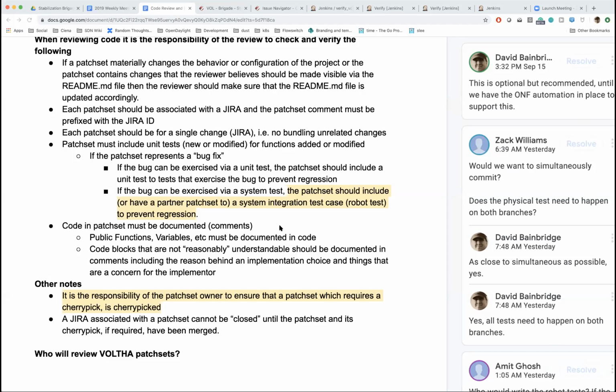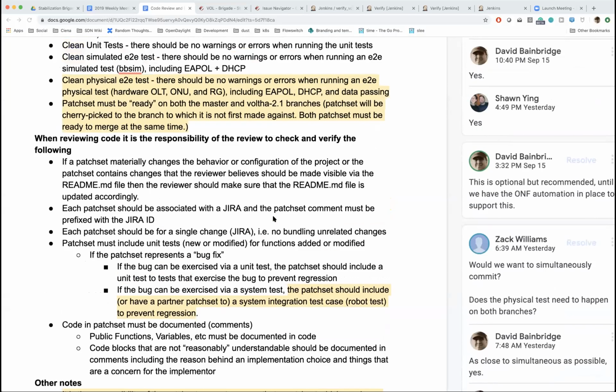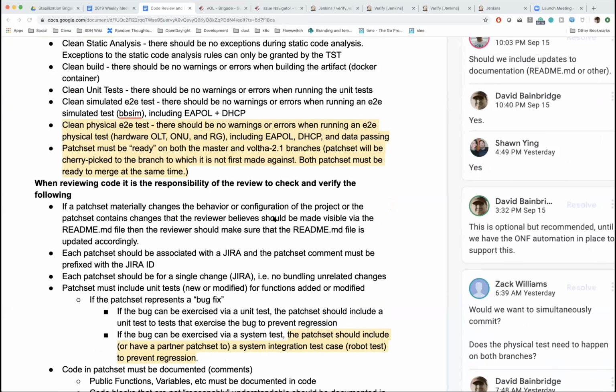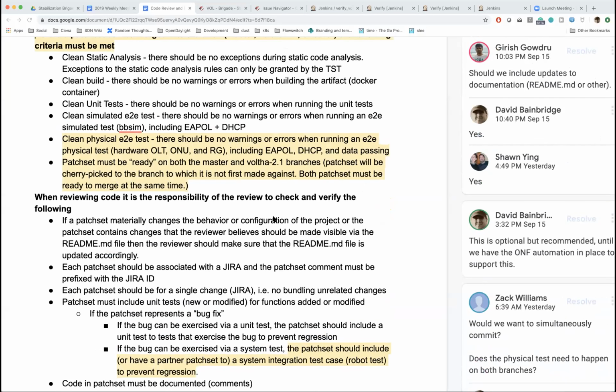Eventually, and we're working on this right now, we will have system integration tests run as part of the patch set verification process. And the plan is to have those system verification tests run both against the simulator as well as against the physical hardware. So in Gerrit, you know how you get the little automatic +1 for verification.